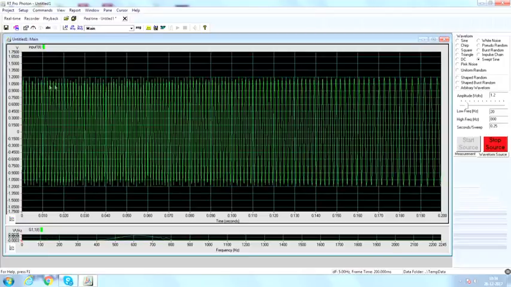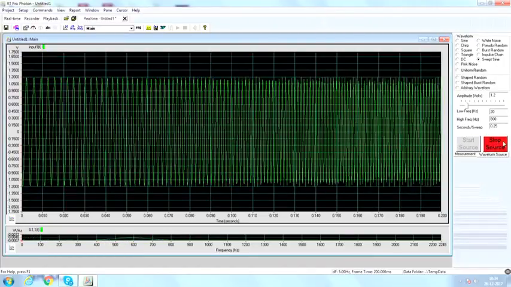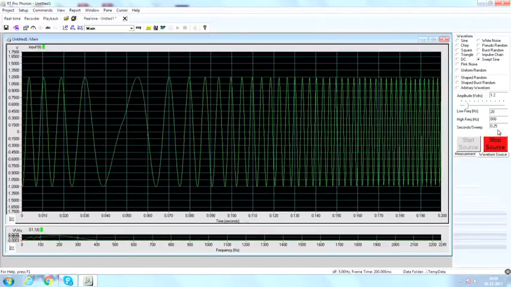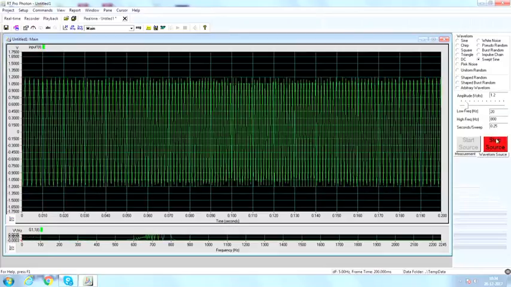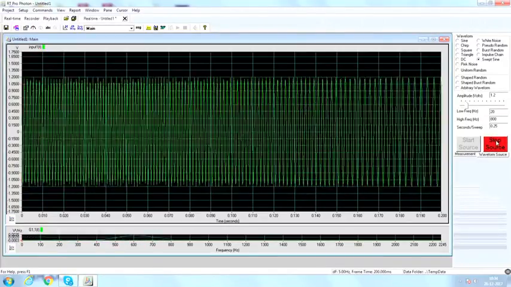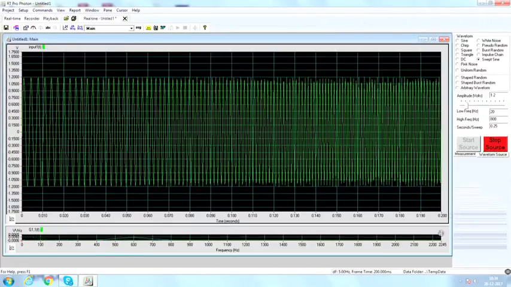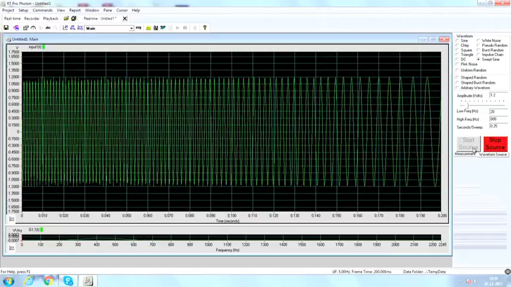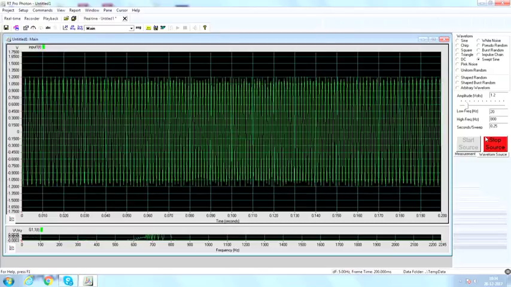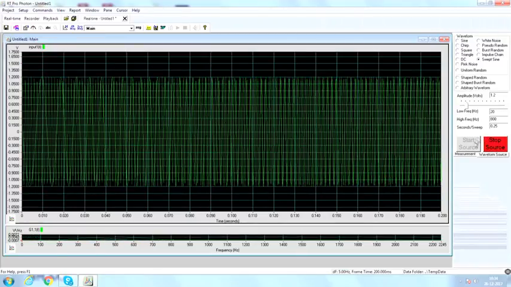Amplitude is not changing, peak value is 1.2, but the signal is increasing from 20 hertz to 800 hertz at a rate of 0.25 seconds per sweep. So these are a few examples of actual practical signals which have been generated with a signal generator. Now we will see how these signals look in the FFT domain.